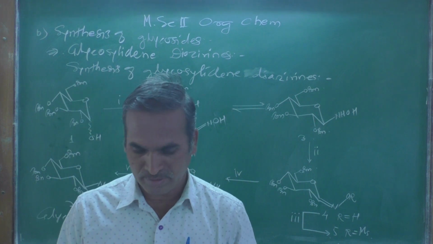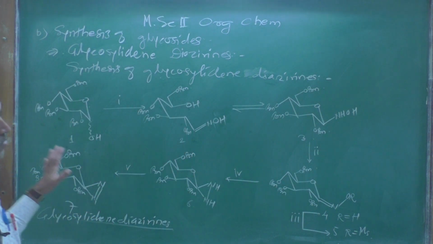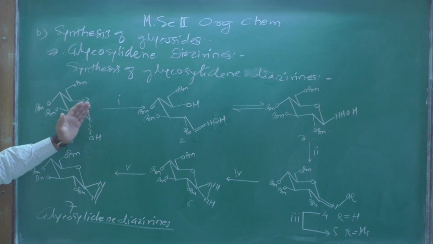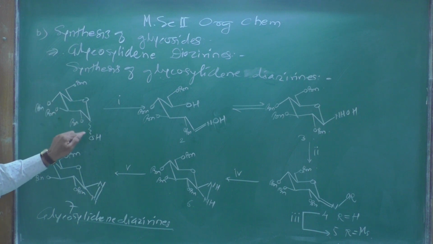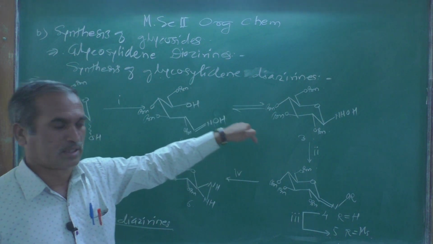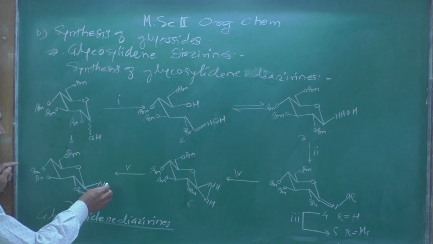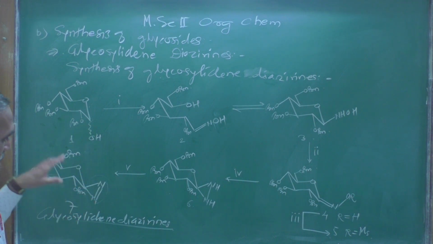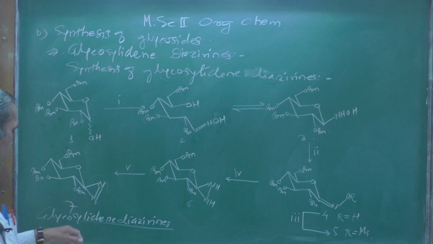So remember, if you see these structures carefully, what you have to remember is that only at the anomeric hydroxyl group, the anomeric carbon atom, the changes occur, and finally there is a 3-membered nitrogen containing double bond species.